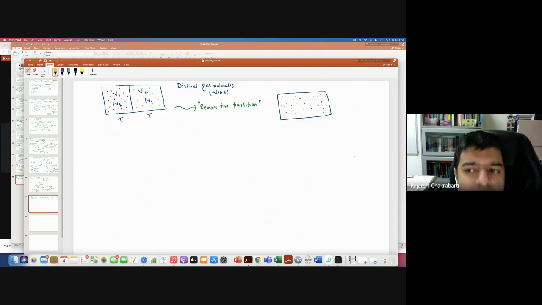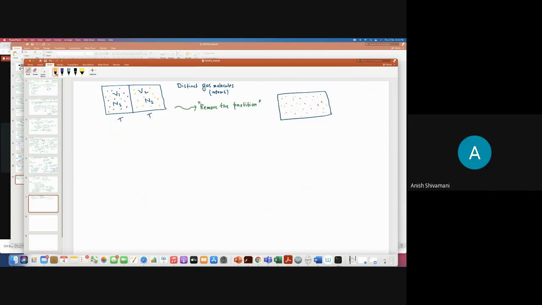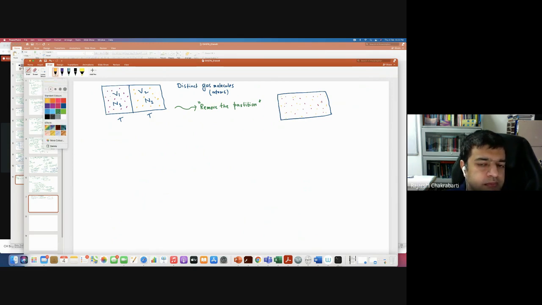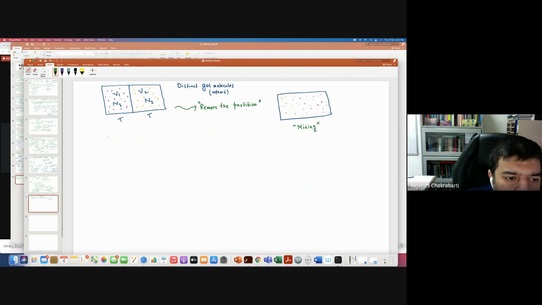They will mix, isn't it? Mixing. Now, what do you expect in this process? Delta S should be positive. That is what you expect, isn't it? This is called delta S of mixing.